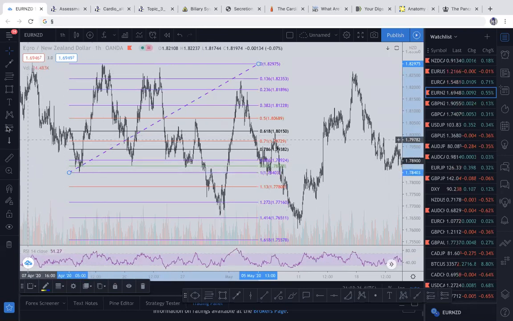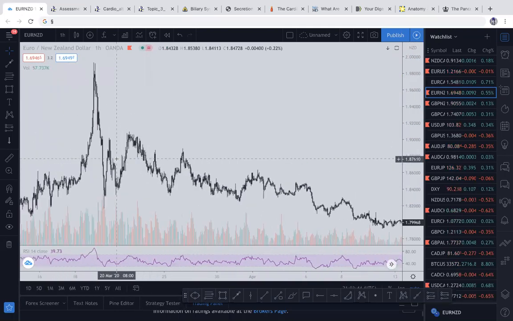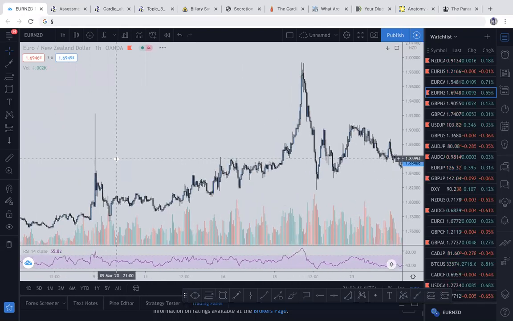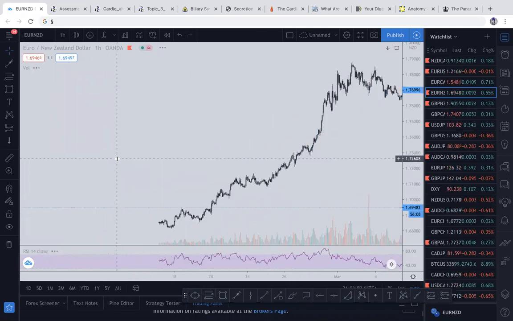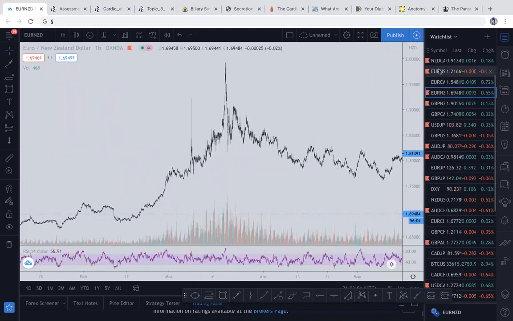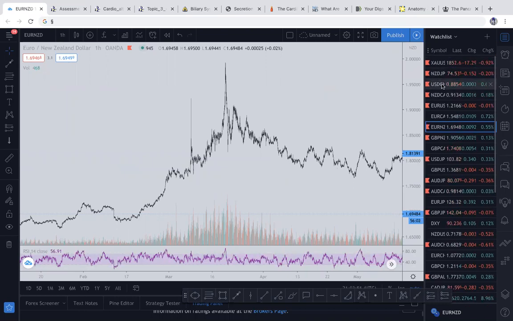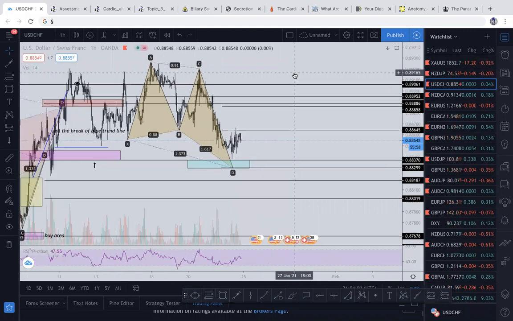This won't be a butterfly, it will be a deep crab, sorry. Butterflies do not happen commonly in the market, so don't be surprised if you're not seeing so many of them. Let's see on a different pair if we can find more. Yes, I think I have a butterfly here.